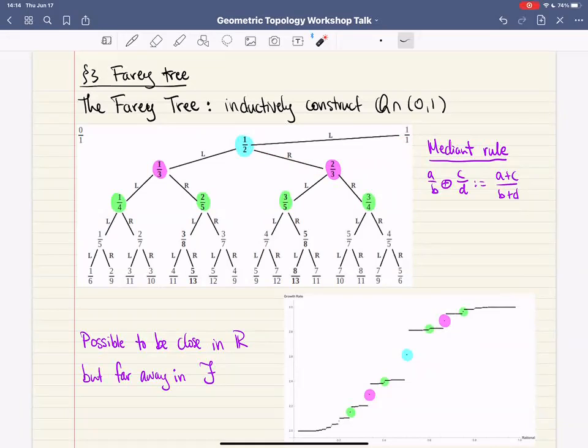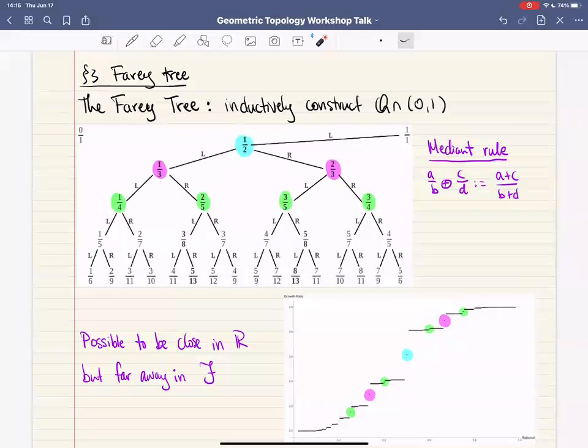And one thing I want to point out is that it's possible for two rational numbers to be close in the real line. For example, 4/9 and 5/9 are relatively close in the real line, but they are far away in the Farey tree. The Farey tree is giving some way of assigning an address or a coding to rational numbers.